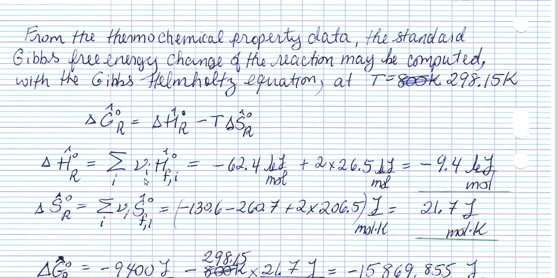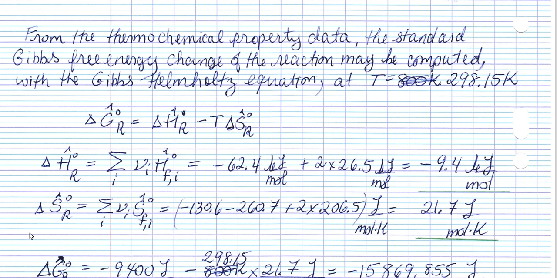For iodine, nu sub i is -1. And for HI, nu sub i is +2. So applying this equation with the standard enthalpies of formation given will result in a standard delta H of reaction of -9.4 kilojoules per mole.